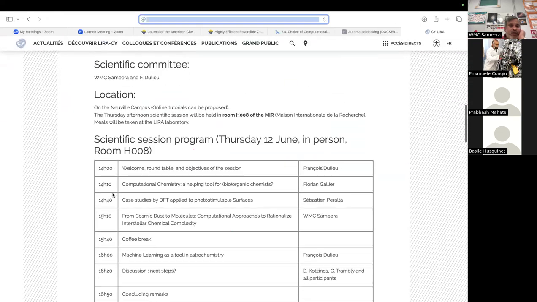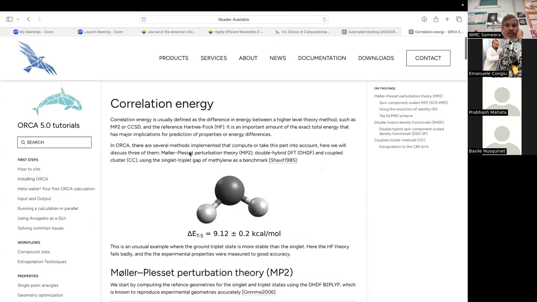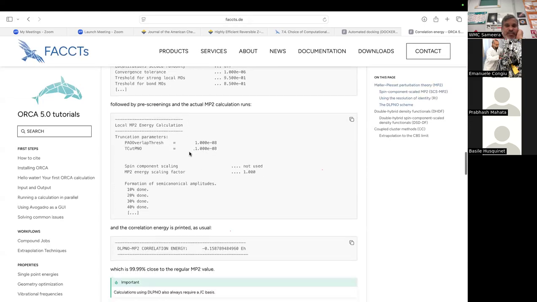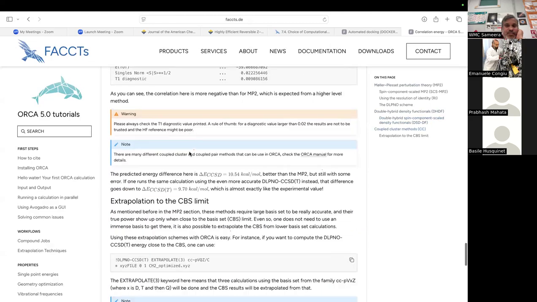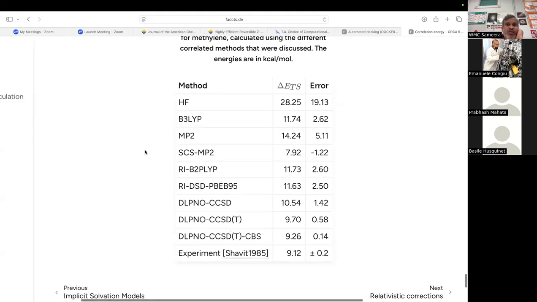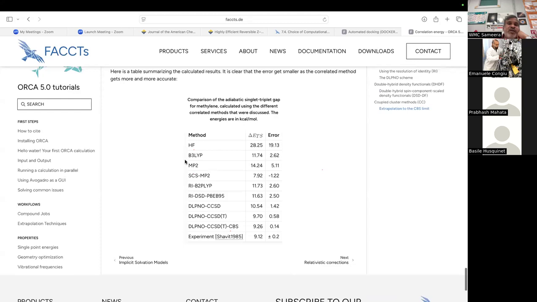So we have linked the correlation energy exercise here. Now you see here. Okay, so we are talking about improving the accuracy of DFT.